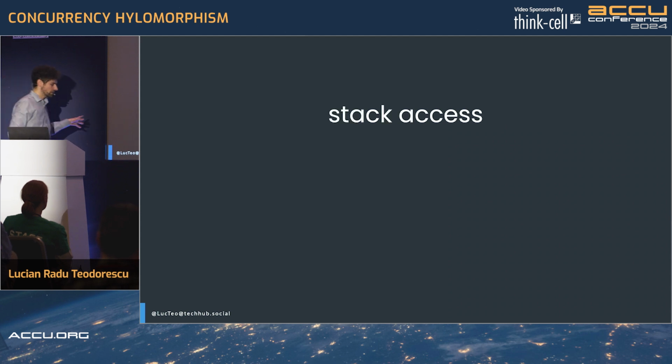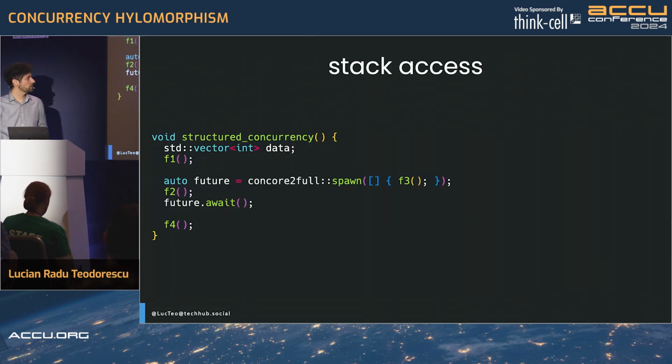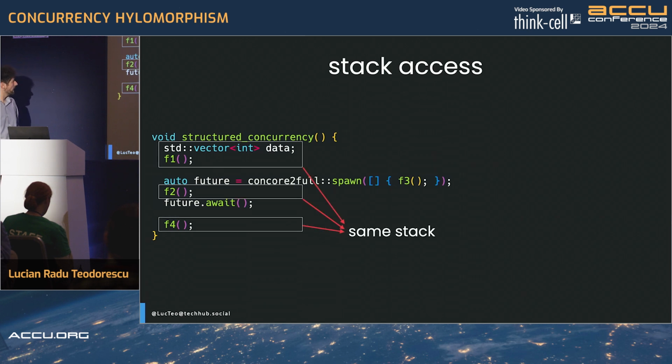Now, we do need to cover one more aspect of structured concurrency, which is stack access. How would this thing work? So here we have 3 blocks. And we have F1, F2, and F4. Because they're in the same function, they would execute on the same stack, right?